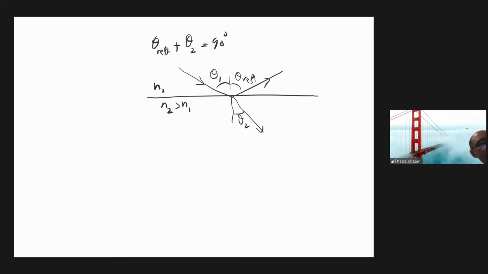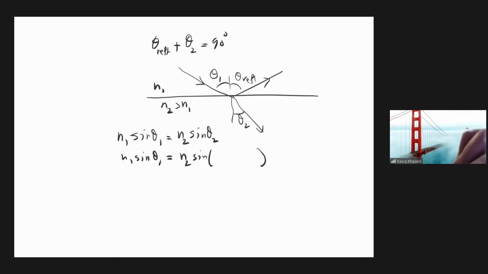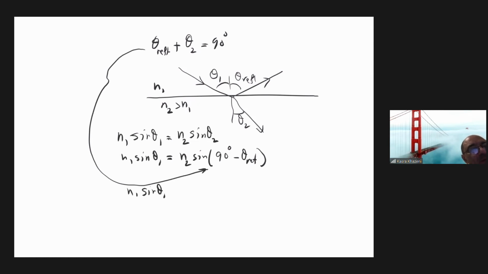So we have the relation N1 sine of theta 1 is equal to N2 sine of theta 2. But we know theta 2 from this relationship on top. Theta 2 is 90 degrees minus theta reflection. But we already know theta reflection is equal to theta 1. So N1 sine of theta 1 is N2 sine of 90 minus theta.